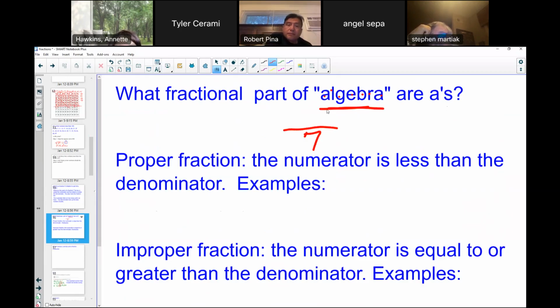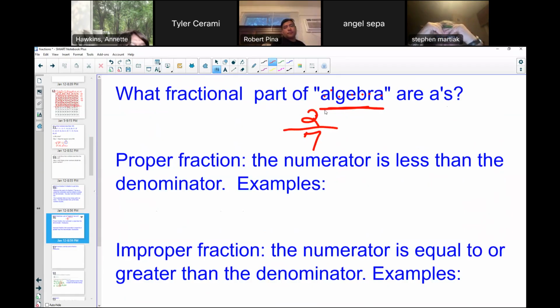And how many A's are in this word algebra? 2. So the fractional part would be 2/7. 2 letters out of 7 letters, because 7 would be the whole, and then 2 would be the part.